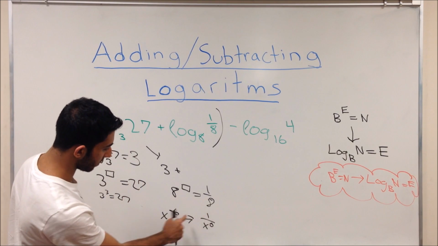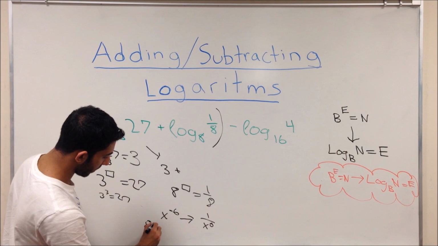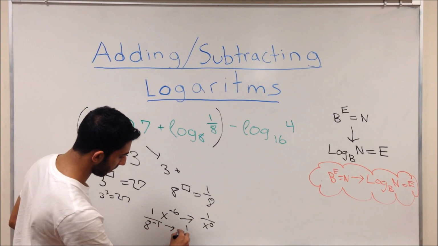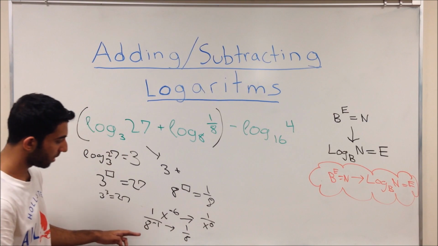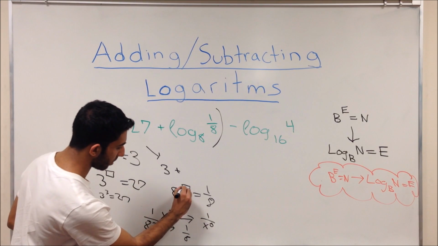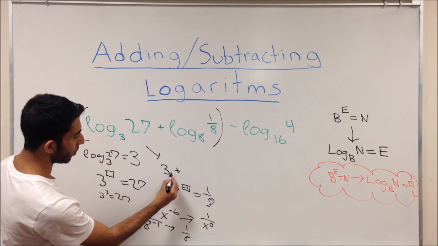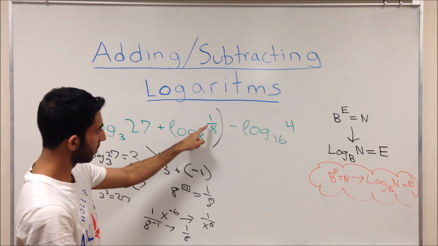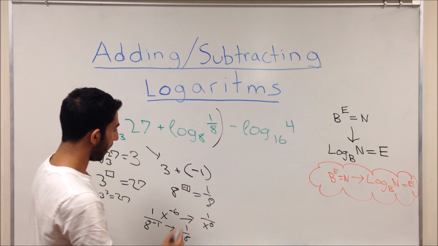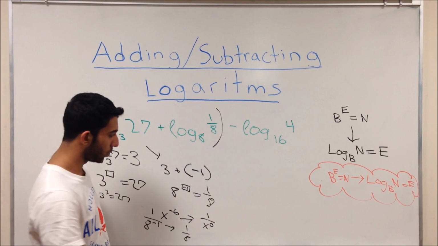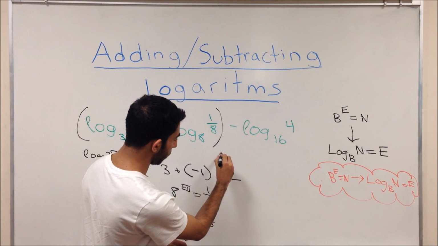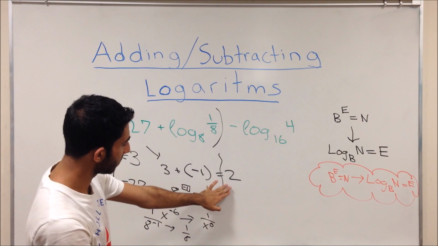So in this case, it will be 8 to the -1, which is 1 over 8. So you will do 3 plus -1, because log base 8 of 1/8 is -1. Now 3 plus -1 is 2. Now you forget this part because you solved for it; it's 2.